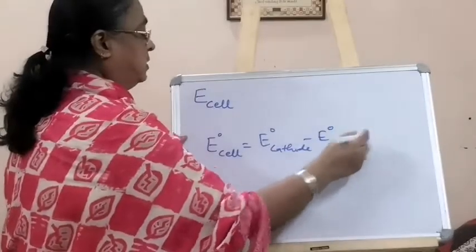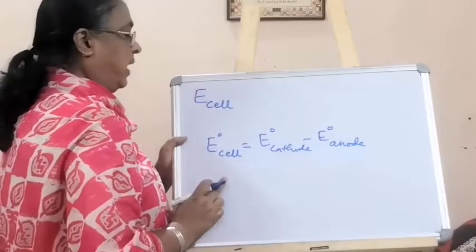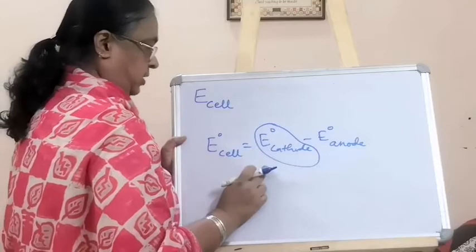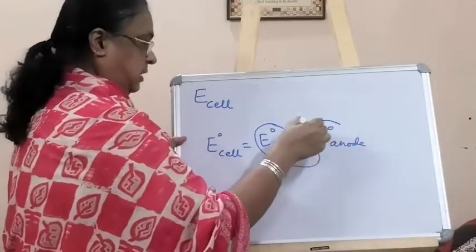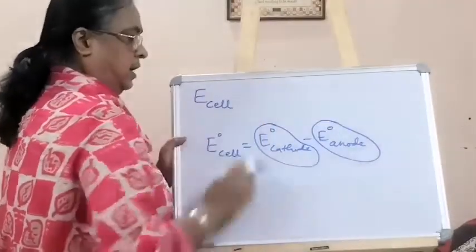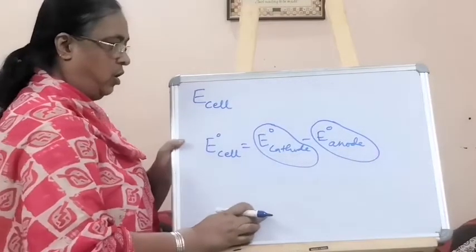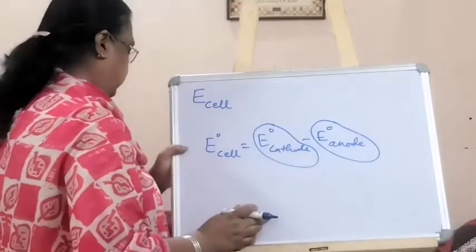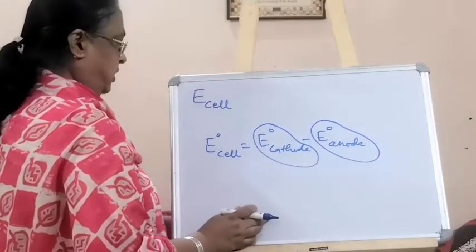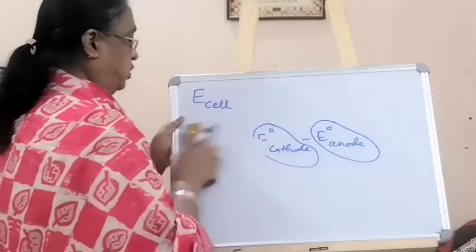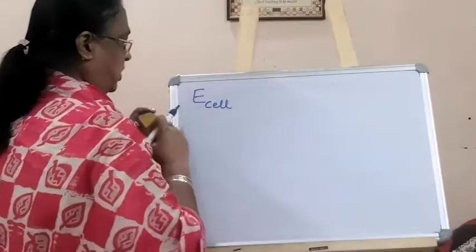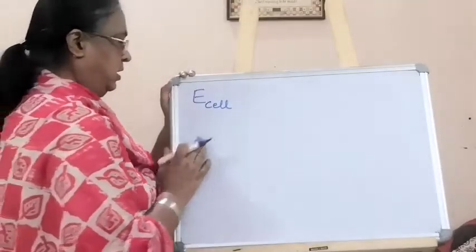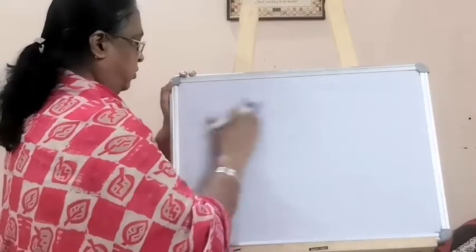I hope you remember this formula, where these are the standard reduction potentials of the cathode and of the anode. So both are standard reduction potentials. When we use the Nernst equation, the concentration is not 1 molar.